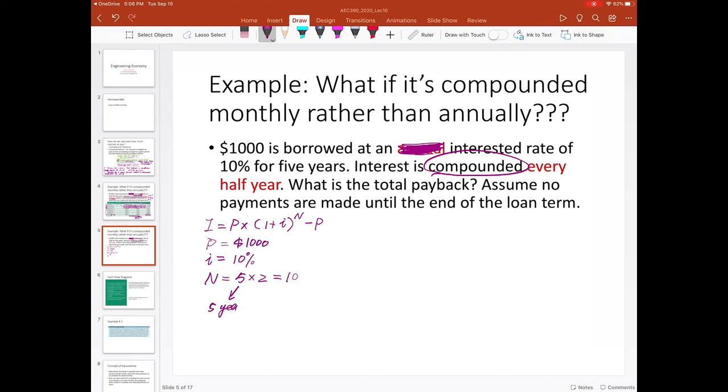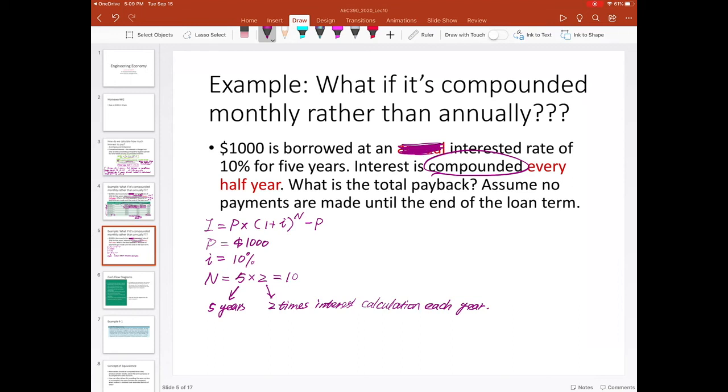Okay, what is 5? 5 years. What is 2? 2 times interest calculation each year. Make sense? So in the end, you got 10 times the interest needs to be calculated during the 5 years.